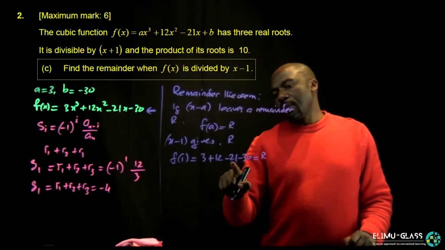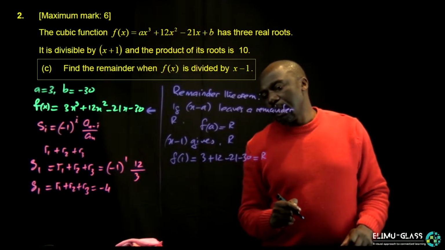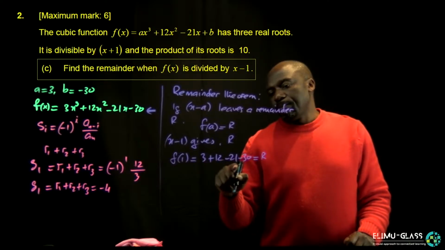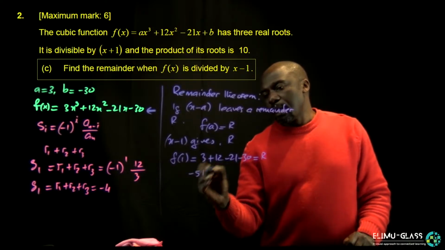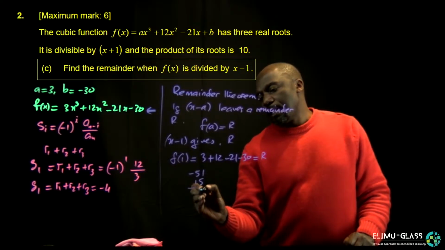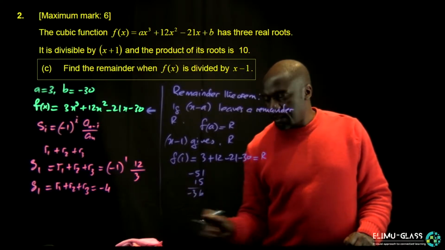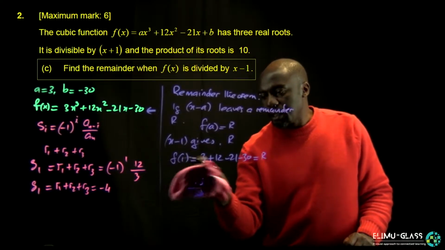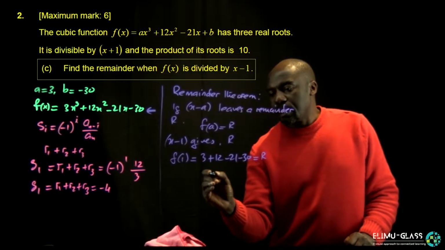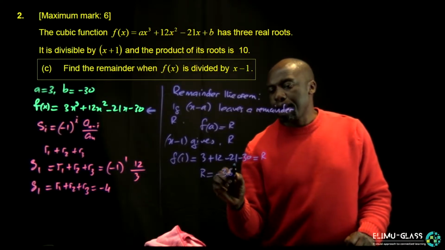What is that? So this is negative 51. Negative 51 minus 15, is that 36? Minus 51 and 15, so 11, 6, yes. So that gives us negative 36. I can quickly erase this. And so we get a remainder of negative 36.